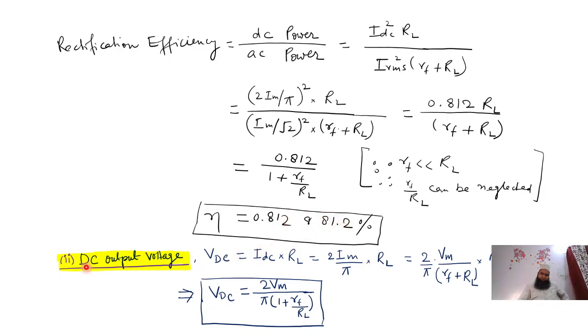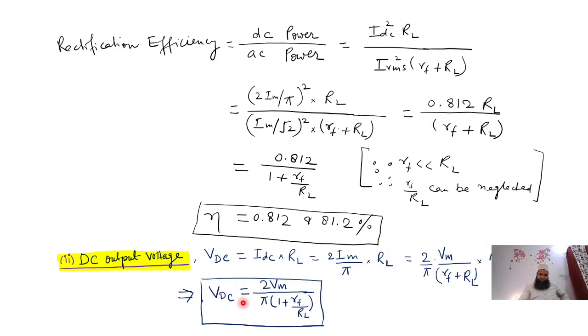Now the DC output voltage VDC equal to IDC into RL, IDC equal to 2Im upon pi, into RL. We can put the value of Im which we have calculated earlier: 2 upon pi, Im can be written as Vm upon Rf plus RL, and this RL can be written as this.